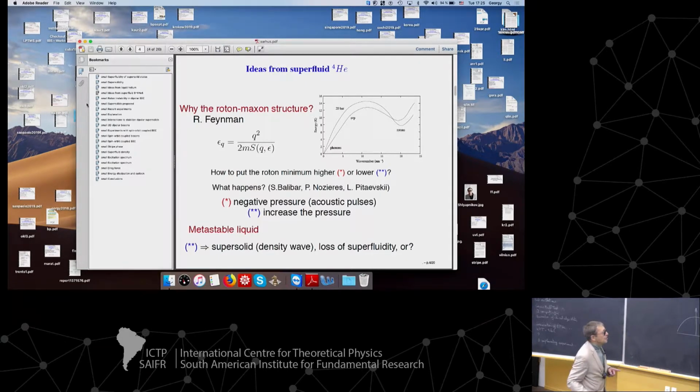He just calculated the structure factor and said that this follows from the structure factor. Then people were assuming to apply negative pressure or acoustic pulses or increase the pressure, get metastable liquid and so on.